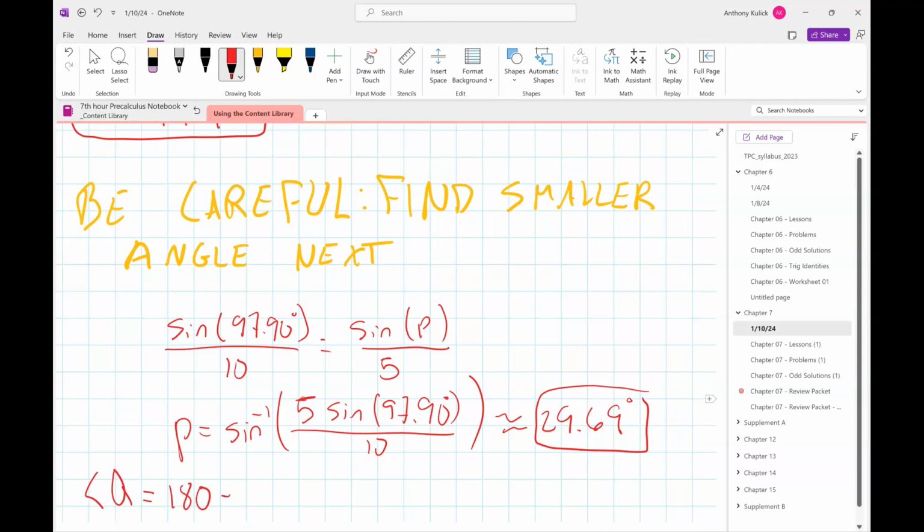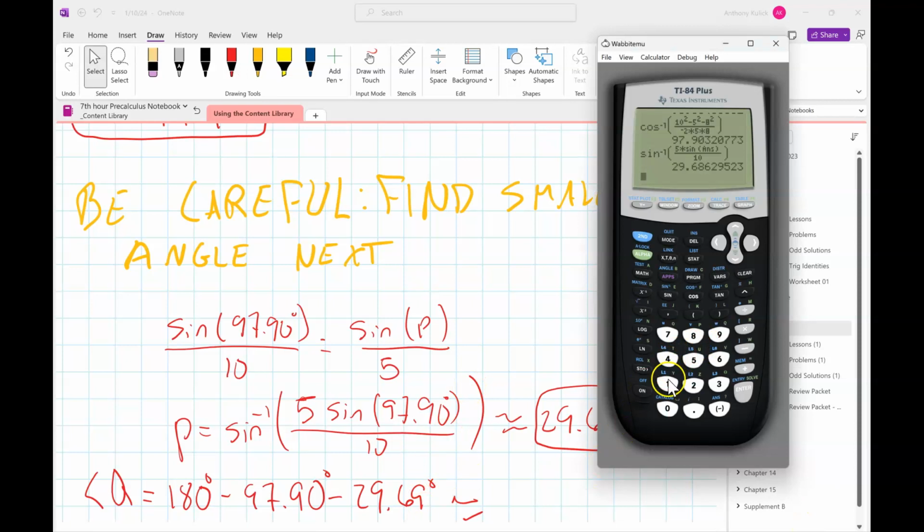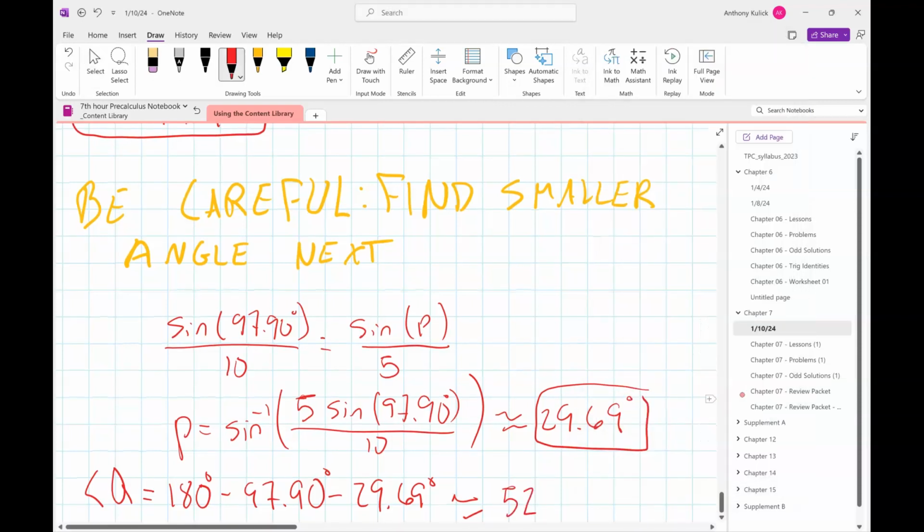I have two angles now, so I can just do 180 minus the other two. So 180 minus this one minus this one. 52.41. Those should be my three angle measures.